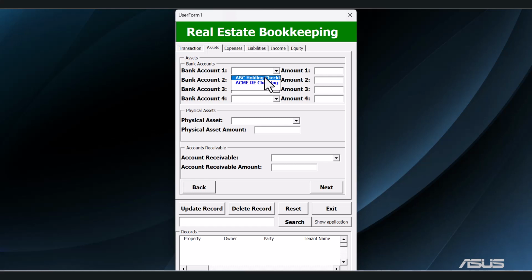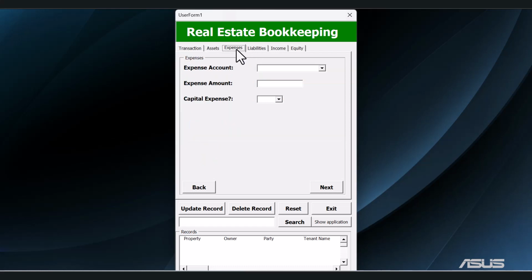So we're going to come here, and we are going to go into the checking account for that business, for that building, and we are going to enter that amount again. And that's it. This transaction happens to affect two types of accounts, the assets and the income. It's not an expense transaction, so it doesn't affect the expense. It doesn't affect the liability.